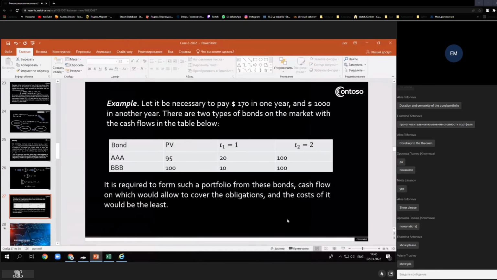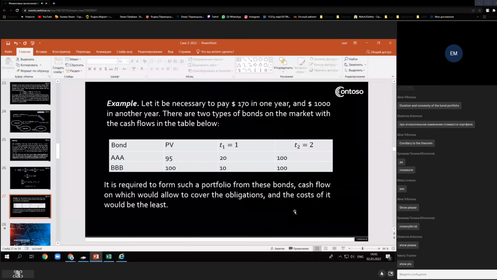I will show you a very brief example of implementing this strategy in real life. Let's consider it. Let us suppose we have a situation like on this slide, and we need to pay 170 in 1 year and 1,000 in 2 years.